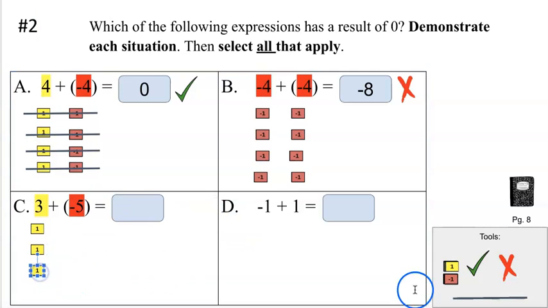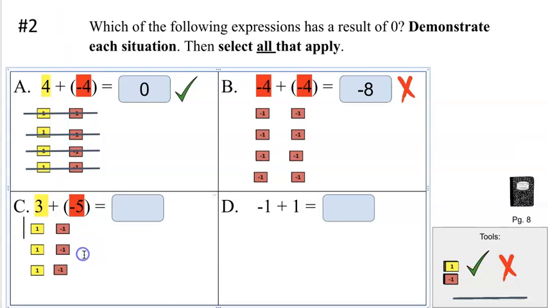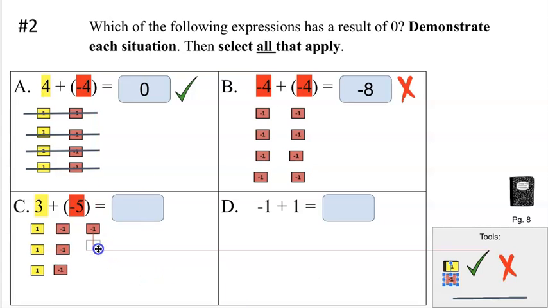Okay, 5 red ones. So go 1. I like to have them nice and straight, so I'm sorry if I take too long. 2, 3, as straight as I can. Not perfect, but I try. That's 3, and 4, and 5.